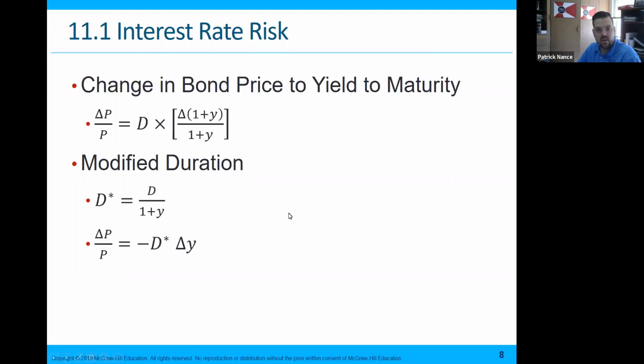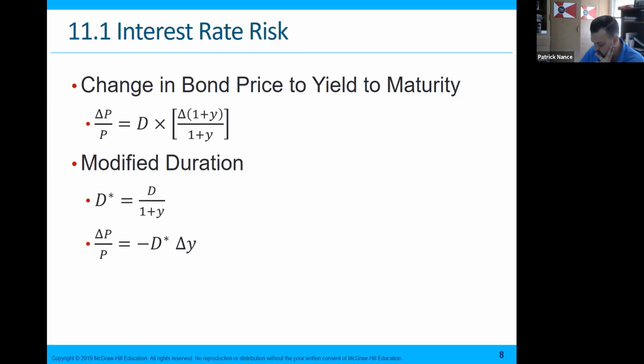All right, the change in bond price versus the yield to maturity. So this is effectively what the Macaulay's duration is mathematically. It's what this shows. And then we have a modified duration, and this is more what practitioners use more often.